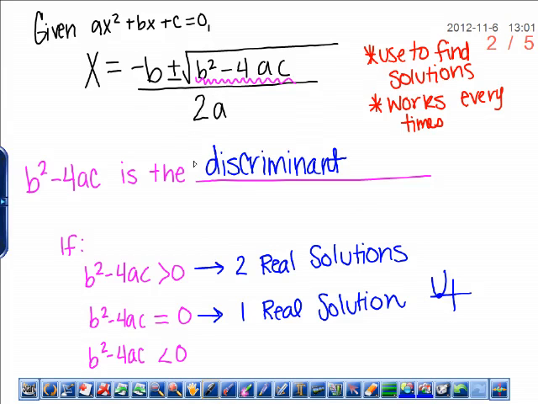Okay? All right. If b squared minus 4ac is less than 0, I'm taking the square root of what kind of number? No, I'm taking the square root of a negative, which creates an imaginary number. So this is 2 non-real or complex solutions.